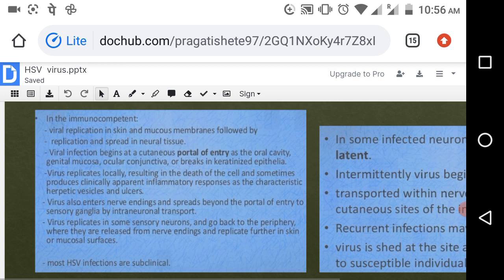There it will increase its spread and infect. Then the virus replicates locally, resulting in the death of the cell, and sometimes produces clinically apparent inflammatory responses as the characteristic herpetic vesicles and ulcers, which are very common in herpes infection.